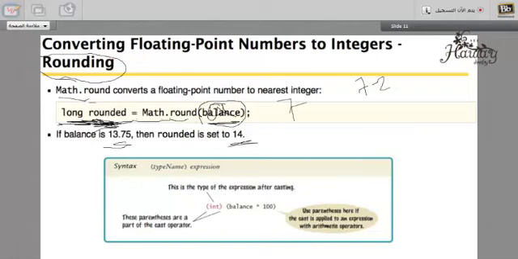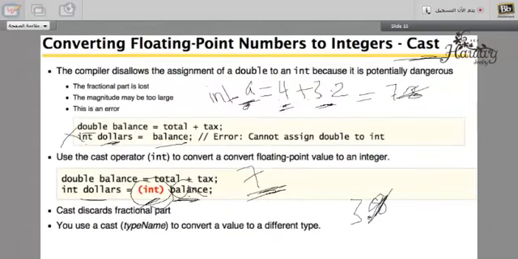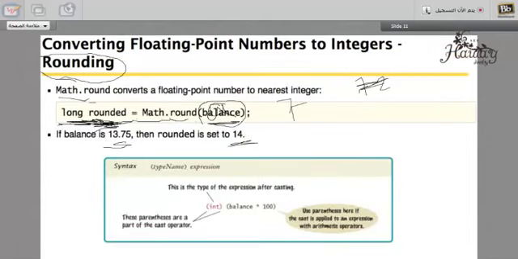What if we had 4 plus 3.5? The actual result will be 7.5. But we know in mathematics, in rounding, any value that is 0.5 and above will be rounded to the next number. So you will have 8 instead. So this is the conversion. Is this understood? Hopefully yes. If not, then ask me again. All right, any other questions?